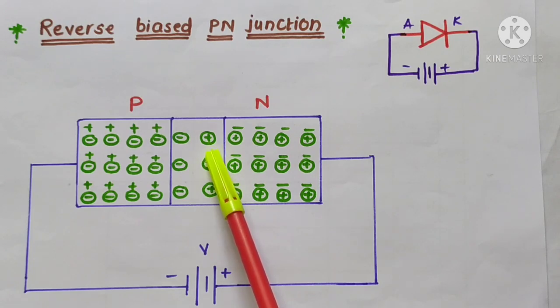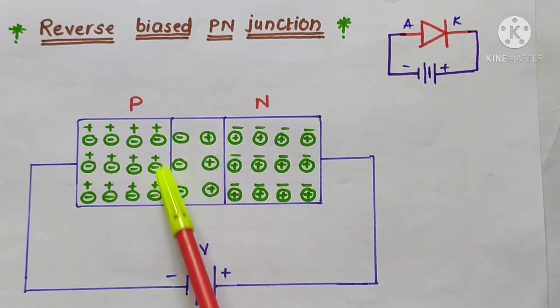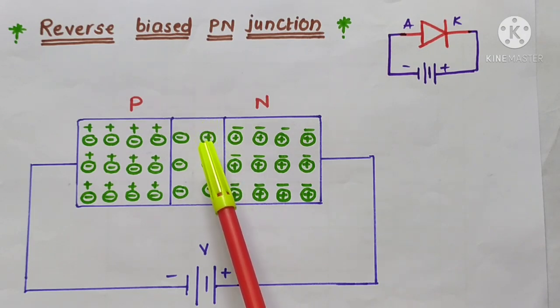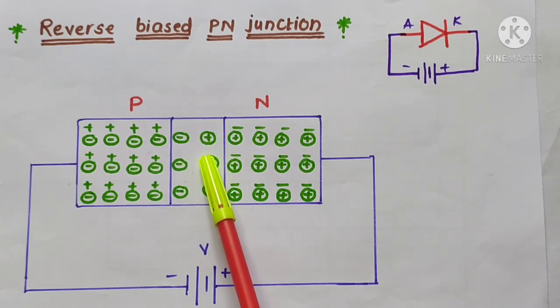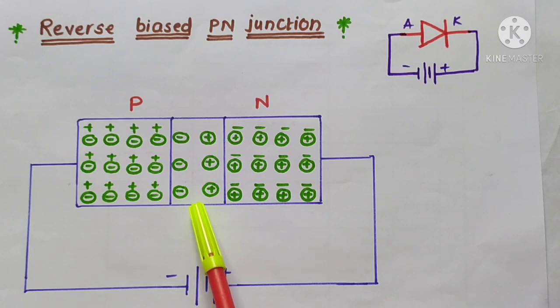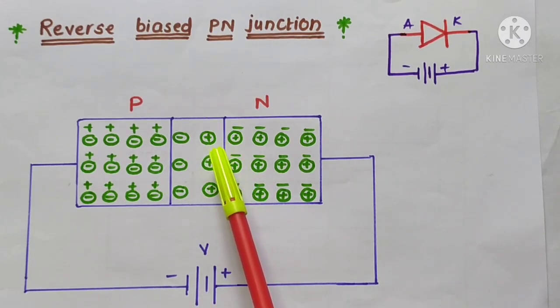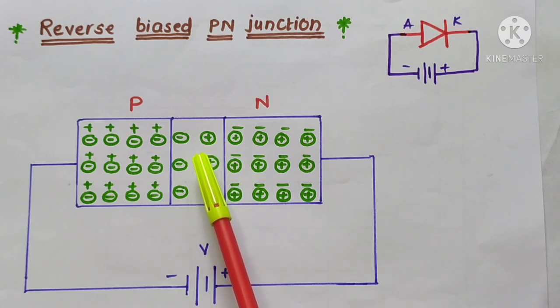So we can say that the width of this built-in electric field or depletion region, isn't it student? What we call it? Depletion region or built-in electric field. So the width of the depletion region will increase.